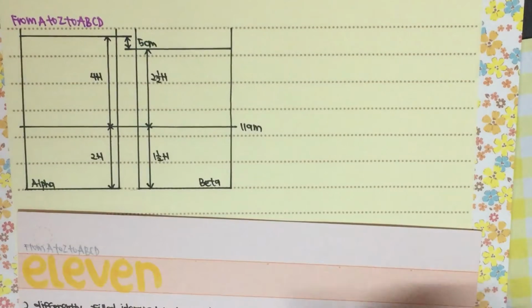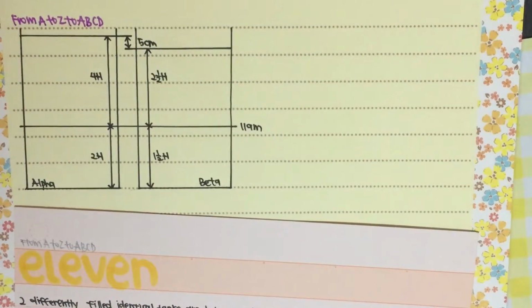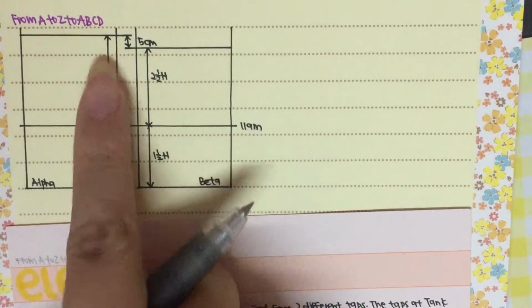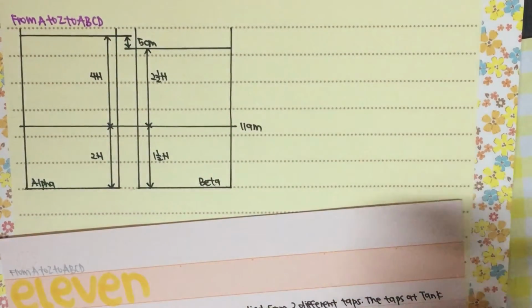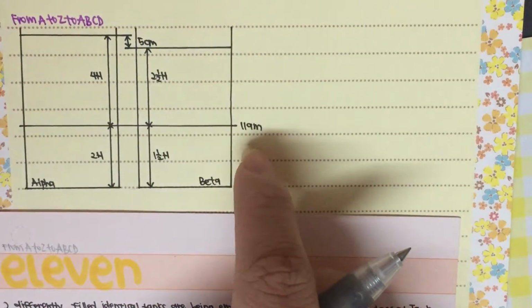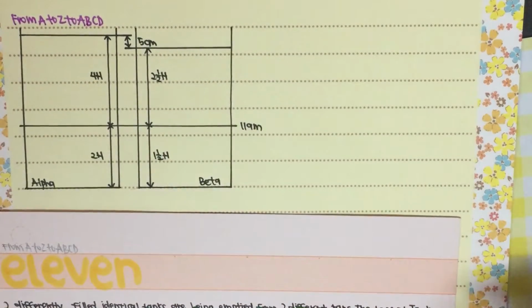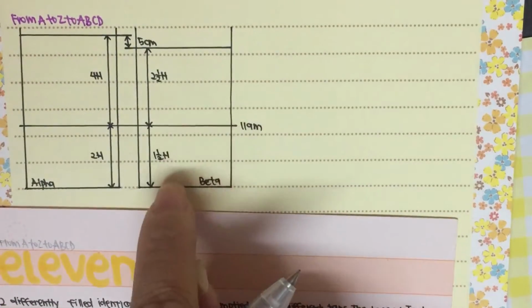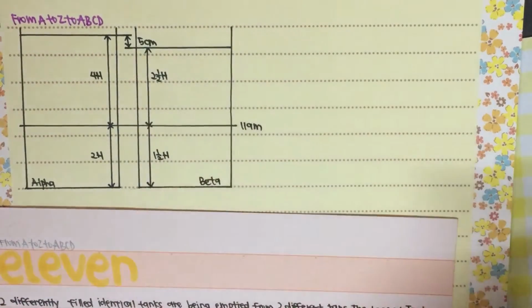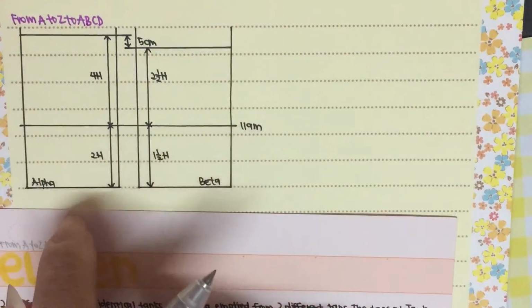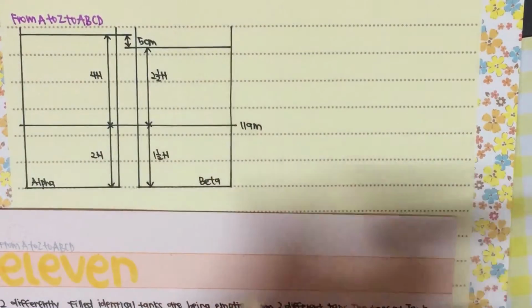Alpha was turned on at 7 a.m., which is 4 hours before 11 a.m. And Beta was turned on at 8:30, which is 2.5 hours before 11 a.m. Then at 12:30, Beta was emptied, so it takes another 1.5 hours to be emptied. Whereas over here, it will only empty at 1 p.m., which is 2 hours later. So this will be the diagram.